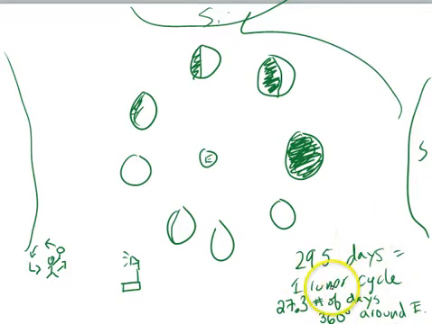There's a discrepancy. You took some notes on that. We talked about it a bit in class. I'm not going to go over it right now, but it has to do with the fact that Earth is continuing in its orbit around the sun while the moon is orbiting around Earth.